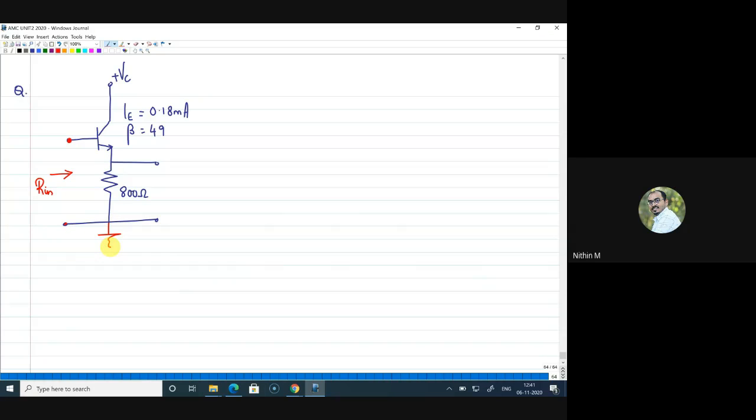This is Rin, and the resistance from the other side is Rout. So you are asked to find Rin and Rout. You can wait before posting answers; I'll ask you to post. But all of you can start working on this numerical and get the answer for Rin and Rout.